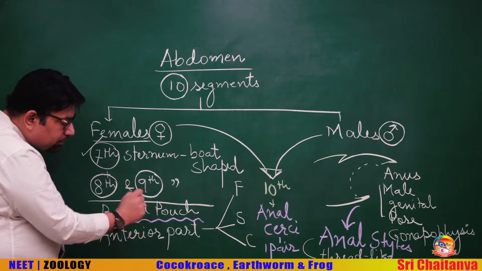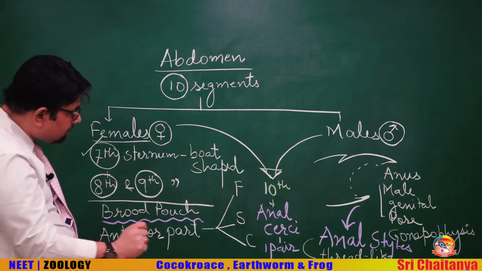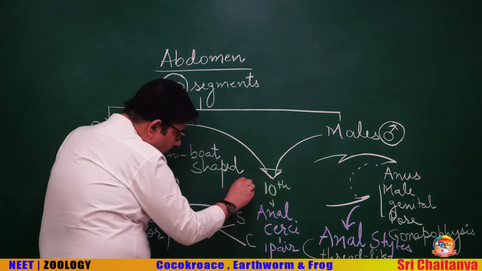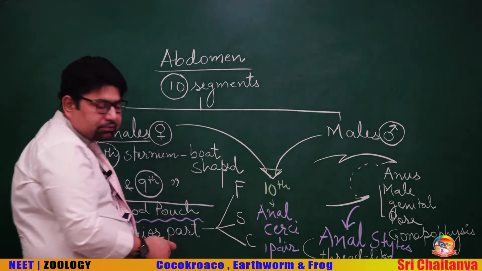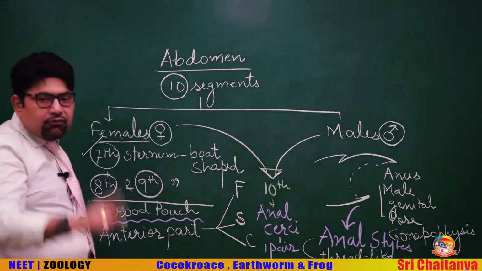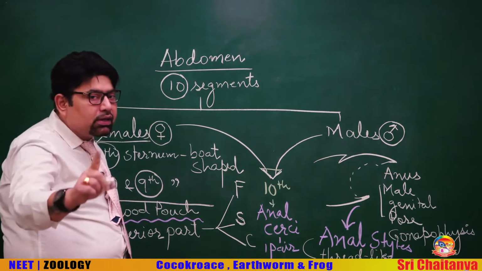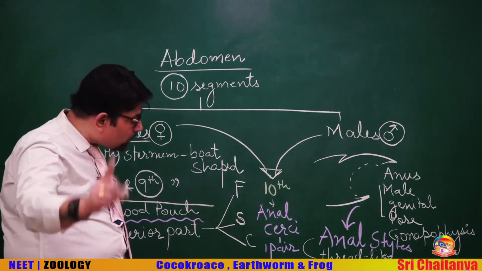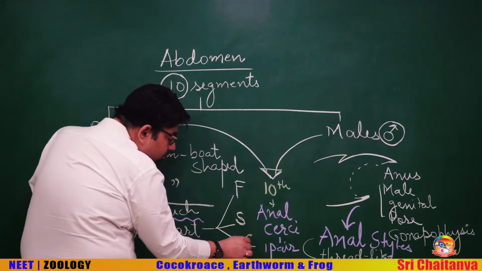The anterior part of the brood pouch has female gonopore, spermathecal pores and collateral glands.